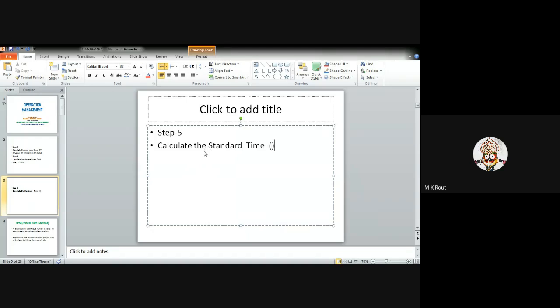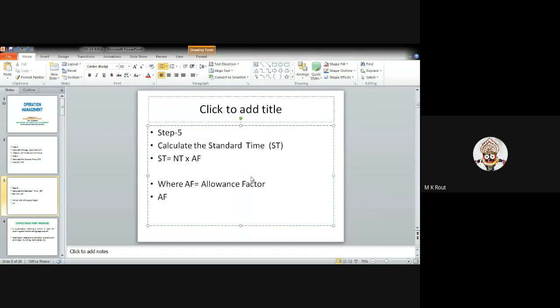Standard time is shortly known as ST, and the formula for ST equals normal time times AF, where AF is the allowance factor.